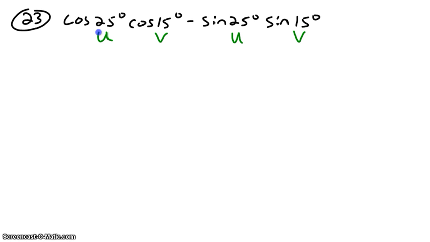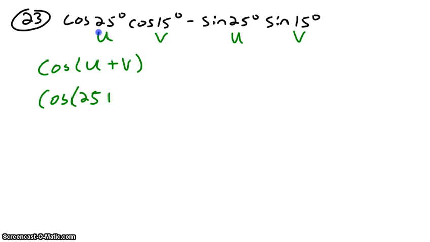Therefore, I know that with cosine, I would have a cosine of u plus v. Now what is my u? Well, that is 25 degrees. My v would give me an addition of 15 degrees. If I put these two together, I really have a cosine of, well, 25 plus 15 is going to give us 40 degrees.